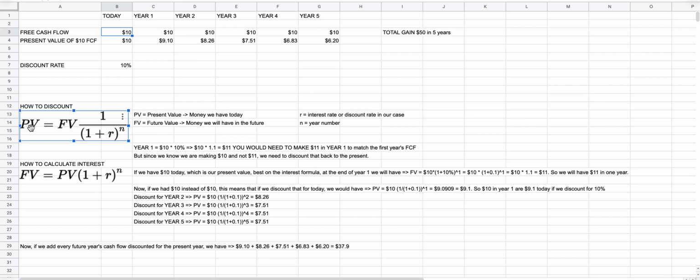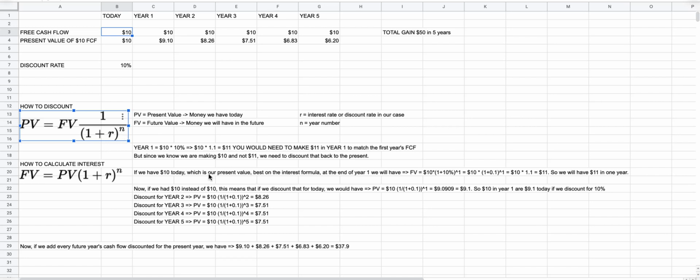And future value is the value that's projected to be sometime into the future. R is the discount rate in our case, or it could be the interest rate. 10% is what we're using here in this example. And N is the number of years that we are doing the projection in the future. So this could be year 3 or year 4 or year 1.